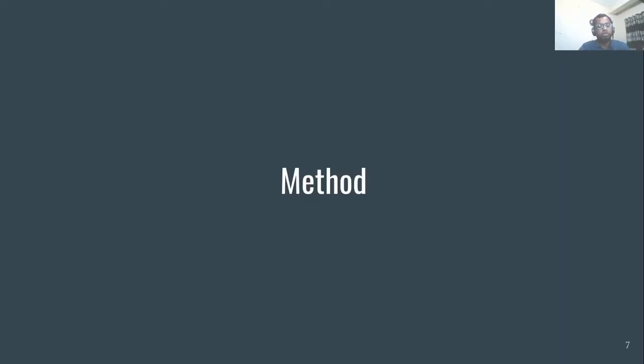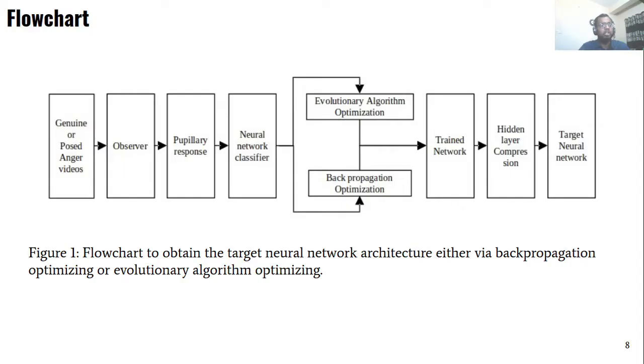So let's talk about the methods we employed. First of all, this is the overall flow chart that we followed in our work. Basically, the dataset is composed of pupillary responses. The dataset is made using several volunteers who observe genuine and posed anger videos, and their pupillary responses are collected.